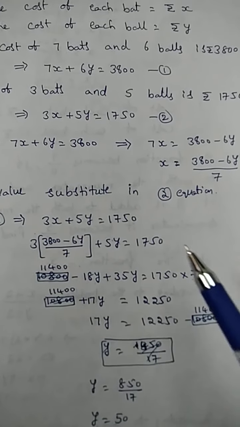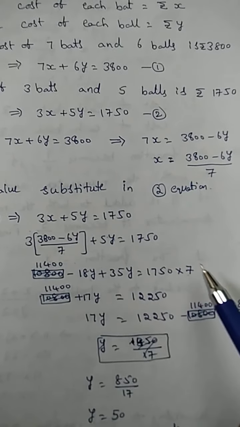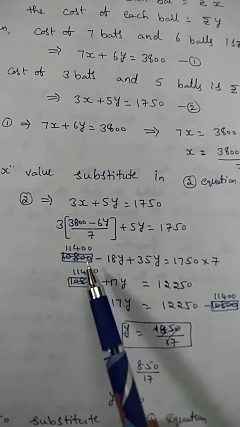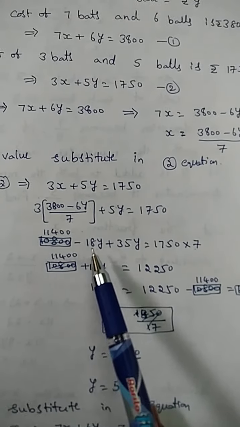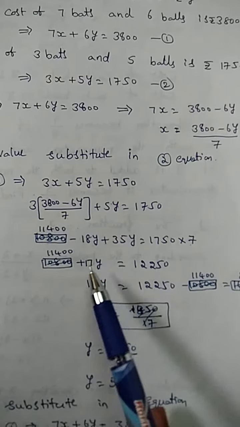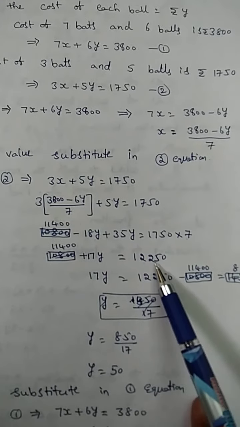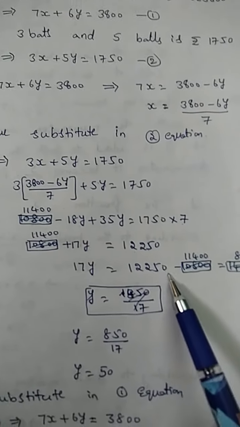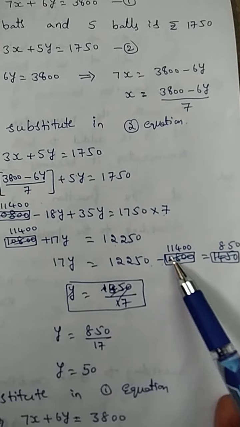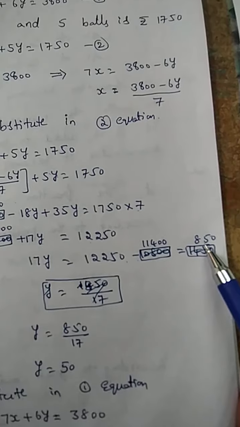The 7 is transposed to the next step, 1,750 into 7. Then 11,400 plus 17y, because minus 18y plus 35y is plus 17y. So 17y is equal to 12,250 minus 11,400. The balance is 850.